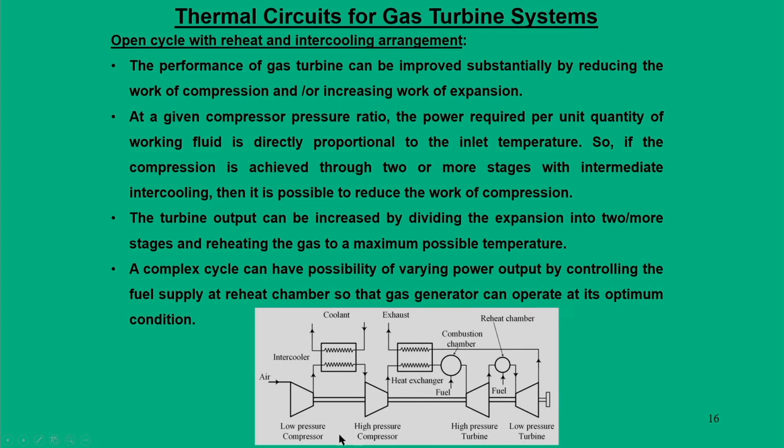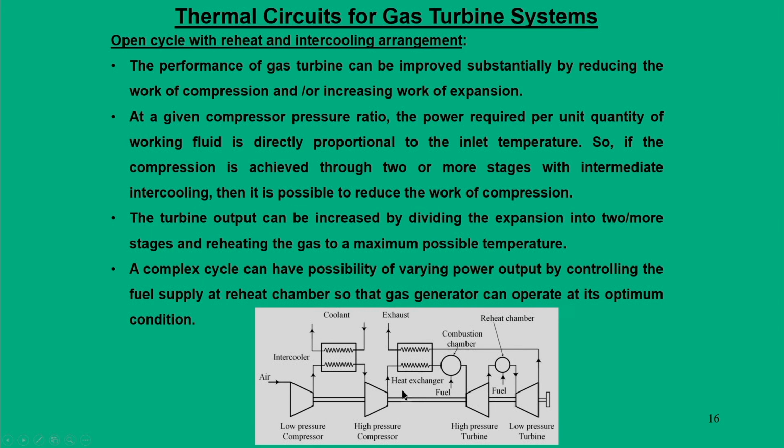That is the concept used here, that we use multiple turbines and multiple compressors. The concept of reheat is used. So, instead of a single combustion chamber, we will have multiple combustion chambers, in one case we call it the primary combustion chamber, and in the other case the reheat combustion chamber.